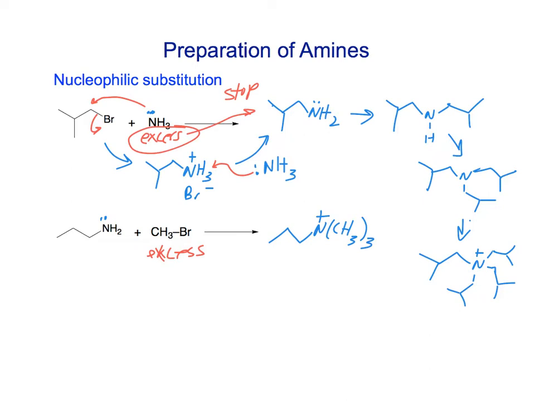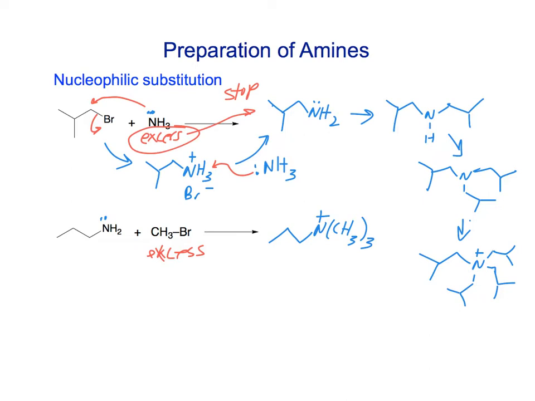If we used a 1-to-1 ratio on the top one of ammonia to the alkyl halide, we'd probably just get a big mixture of all of these. Some of them would go a second step, some would go the third, some would only go one, and we get a big mixture. So it's kind of not a very good way.